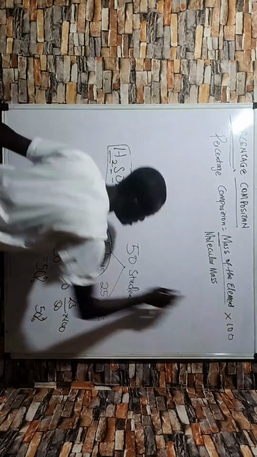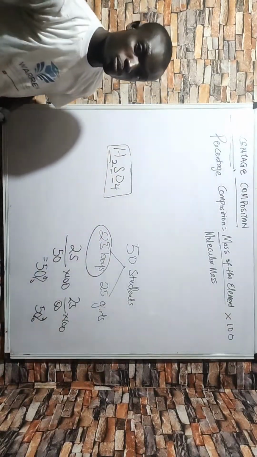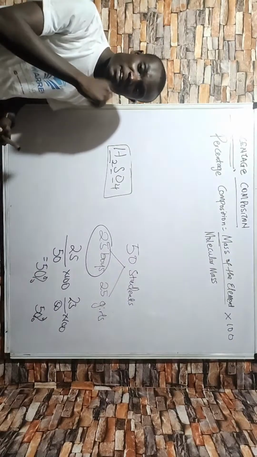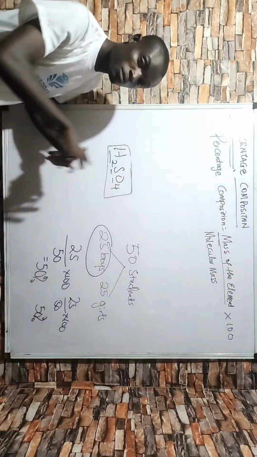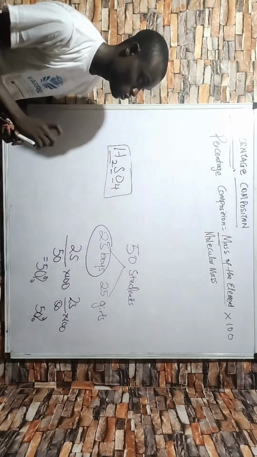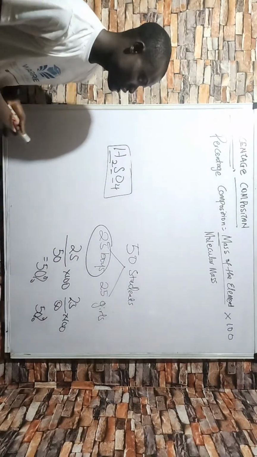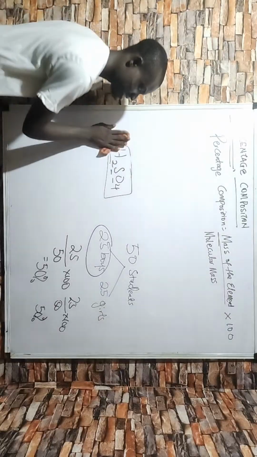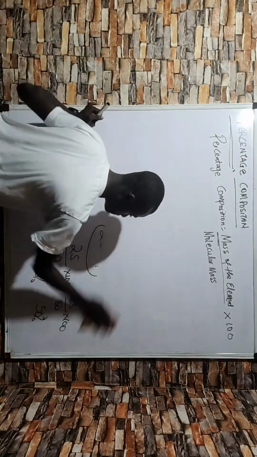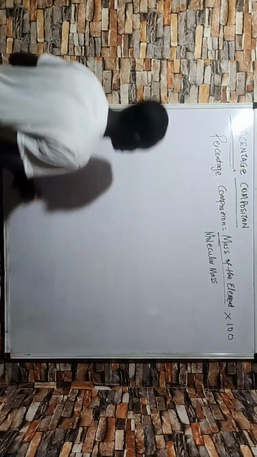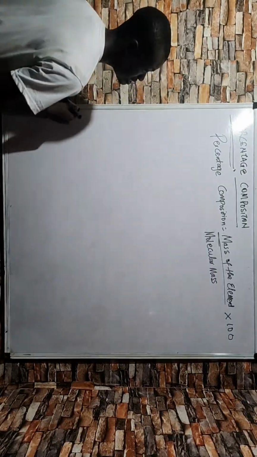So this is the formula we need to calculate the percentage composition. So the mass of the element you are interested in over the molecular mass, that's the mass of the entire molecule, times 100, because we are expressing it in percentage. So we are going to take a look at some examples just to understand this concept properly.